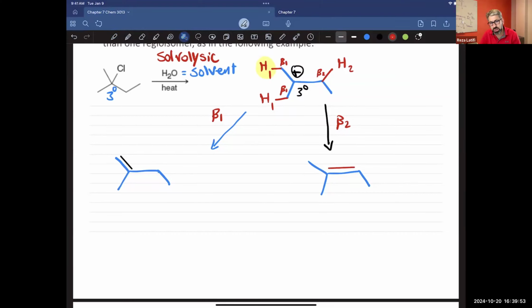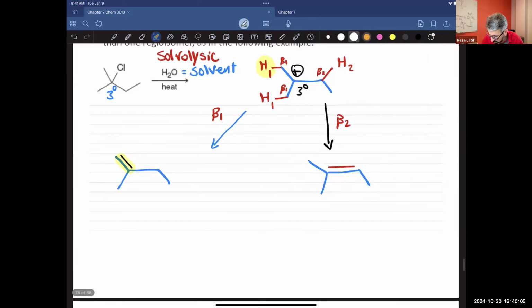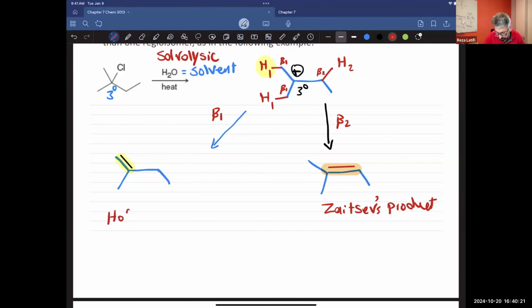The question is which one of these is more stable? In the first one, we have a double bond with fewer substituents. The second one is a double bond with more substituents. So this one will be the Zaitsev product, while the first one will be the Hofmann product.